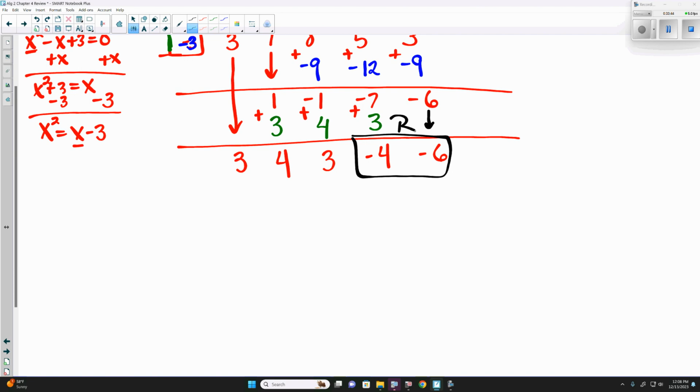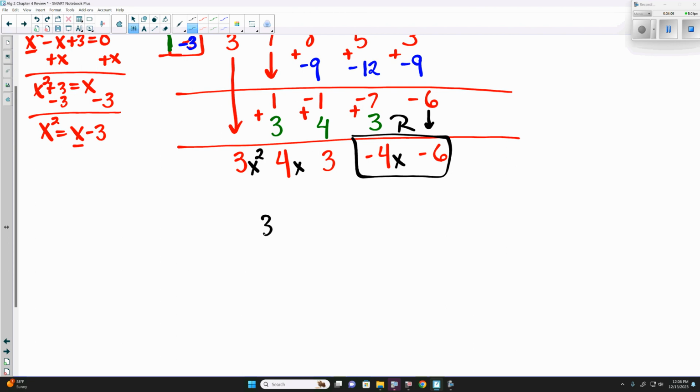Now, for this remainder, the variables do apply. So the farthest to the right, the negative 6, would be the term without a variable. And here, the negative 4 would be the term with x. Outside the box, the first 3 is our term without x. Our 4 is our term with x, and our 3 is our term with x squared.